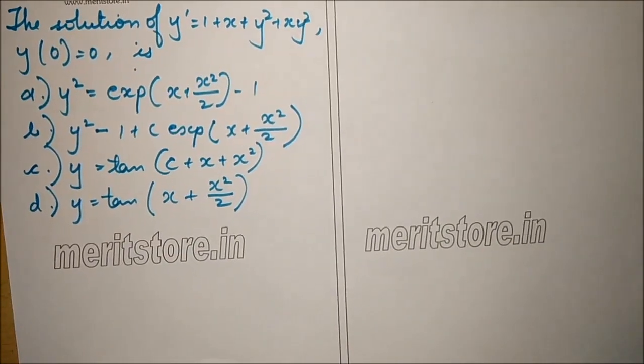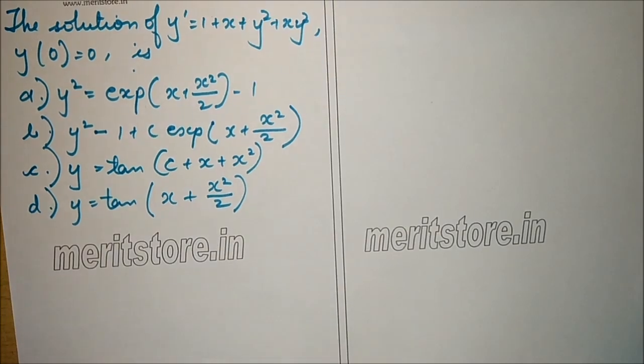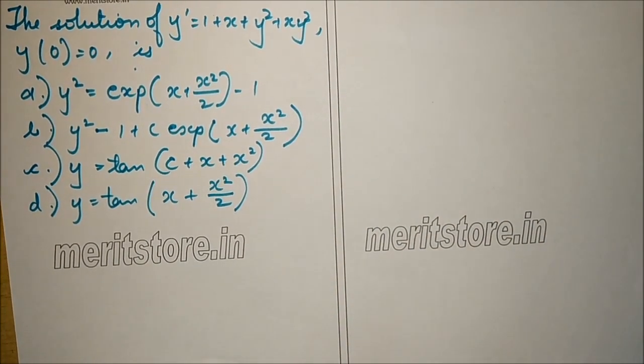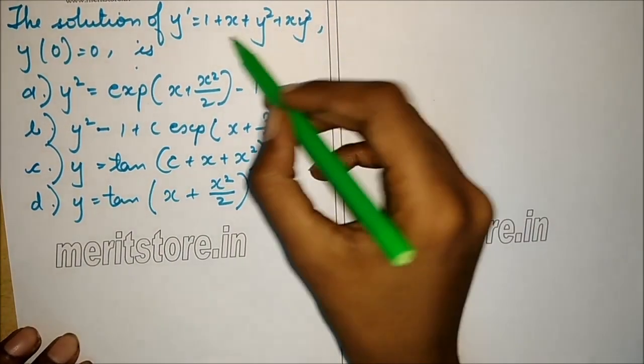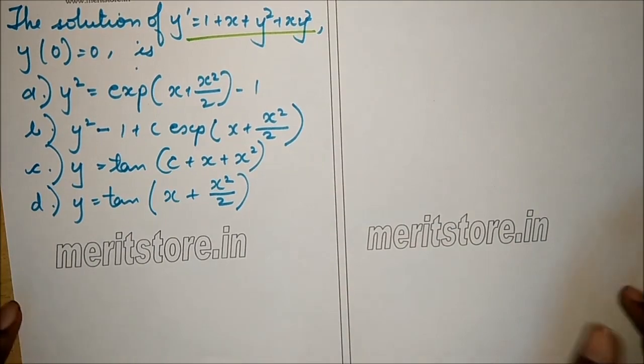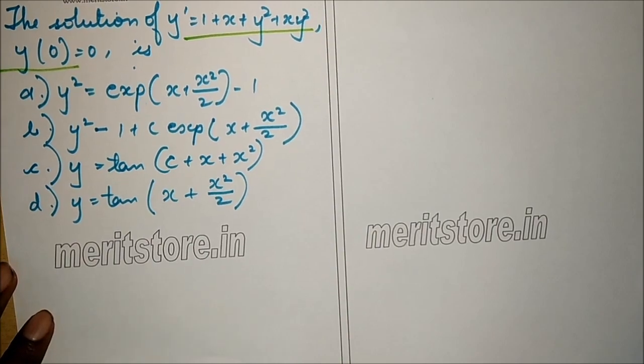The solution of the differential equation y dash equals 1 plus x plus y square by y square plus x y square, when y of 0 is 0, is? The differential equation is given, the condition is given, we have to find the particular solution.